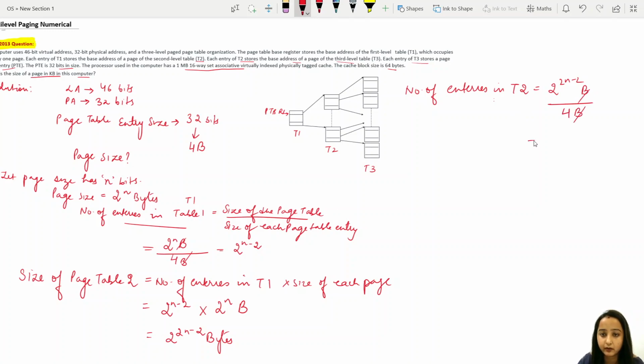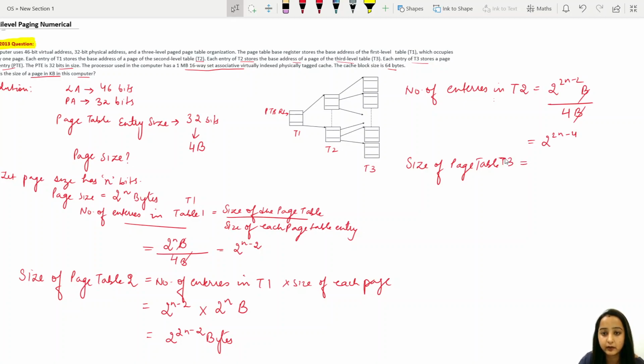It will be 2 raised to power 2n minus 4. So this is the number of entries in the T3 level. Let me calculate the size of page table 3 now.